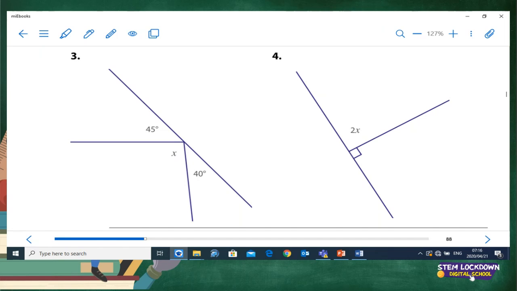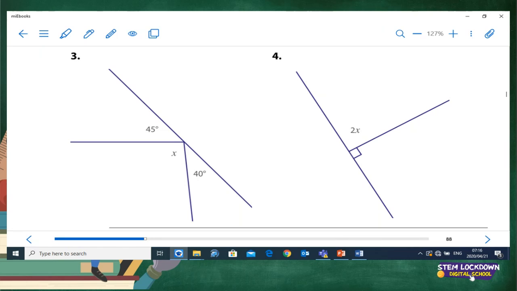So therefore, this means that your x value there will be 95 degrees, because you have added all the angles on a straight line. And of course, that is the principle of the straight line which we spoke about earlier on.